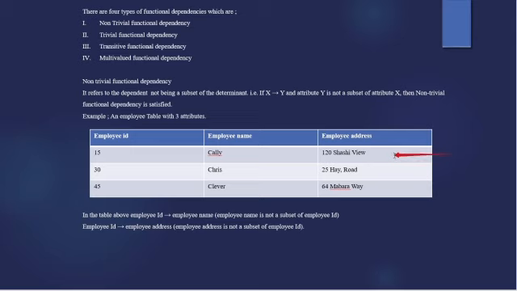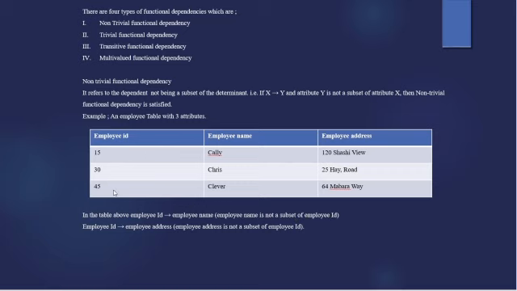So it's a 3 by 3 table containing 3 attributes and 3 rows below them. In the table above, employee ID determines employee name. Employee name is not a subset of employee ID.